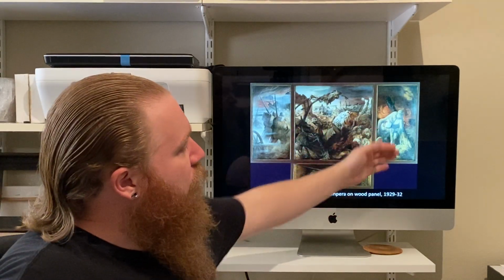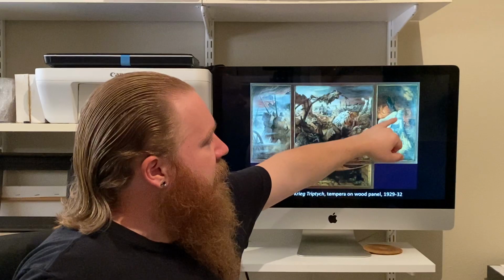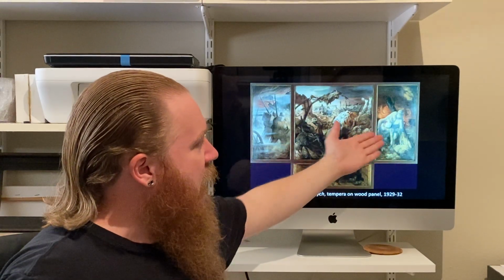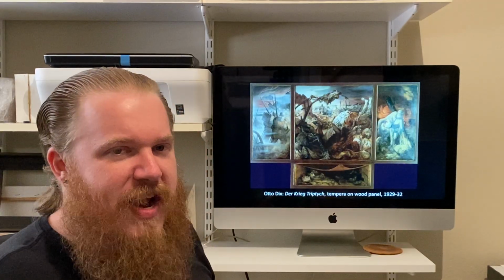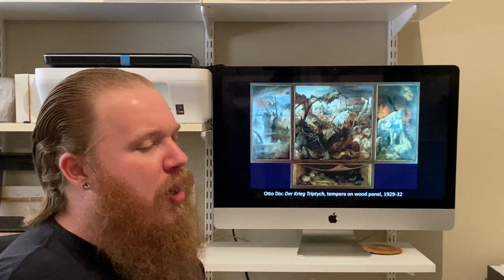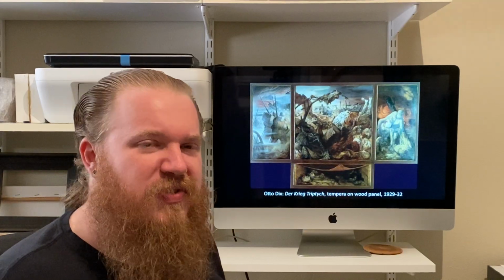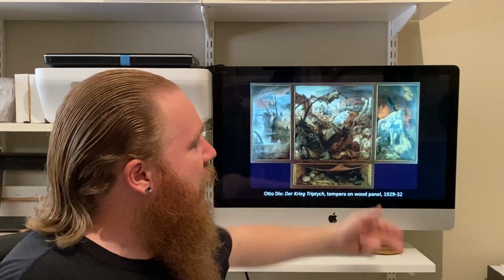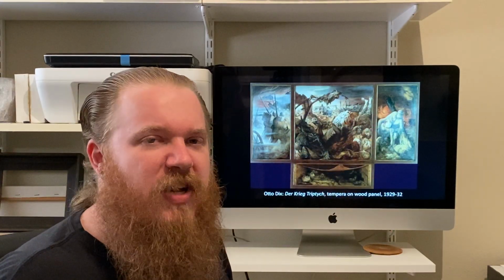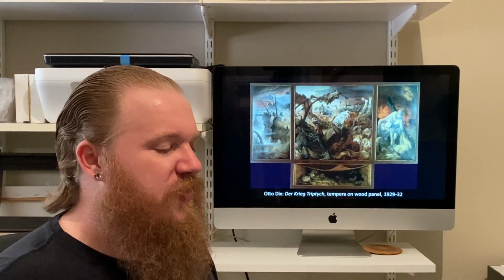And if we move into the right panel, we can actually see this self-portrait of Otto Dix as he's pulling a comrade out of this raging inferno behind him. This inferno that the author Ernst Jünger refers to as the storm of steel. But we can see that Dix depicts himself as a ghostly husk of his former self.